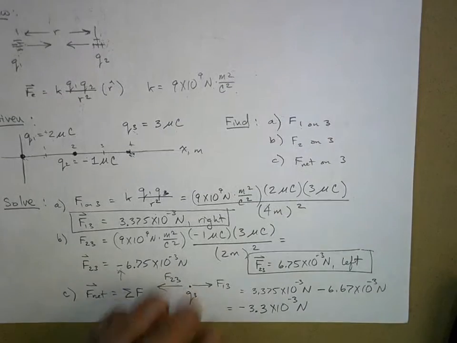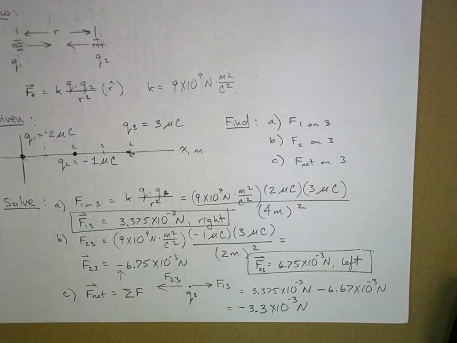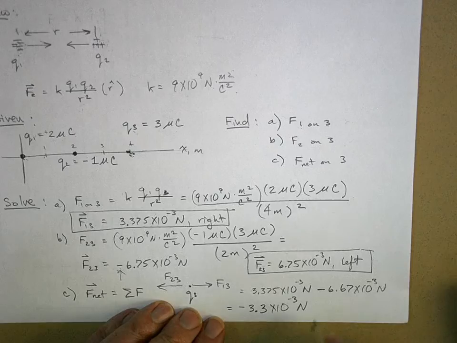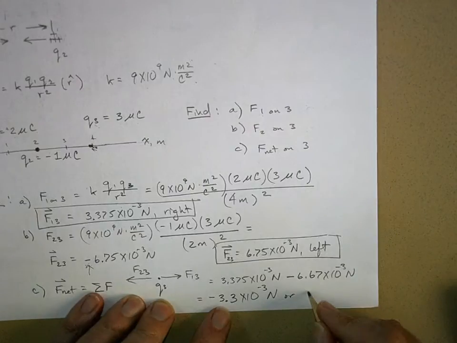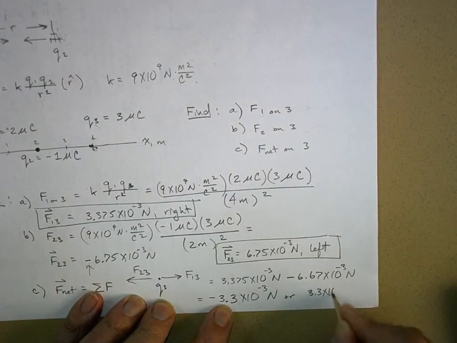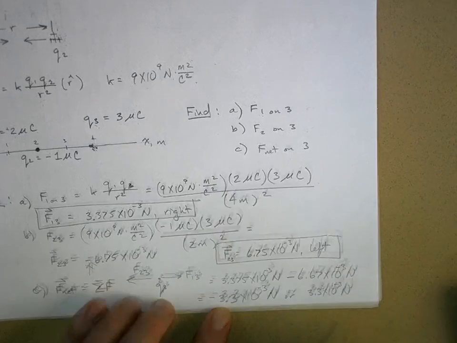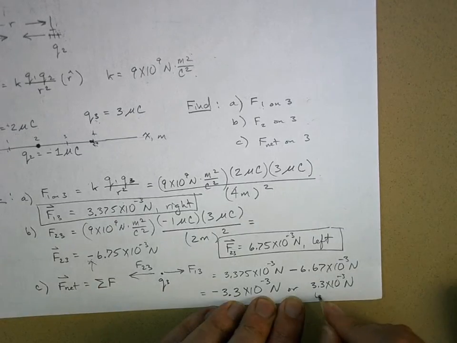What does that negative mean? Or you can say 3.3 times 10 to the negative 3 newtons to the left.